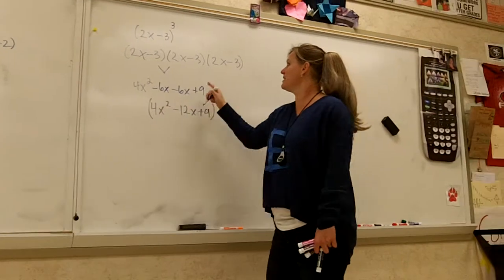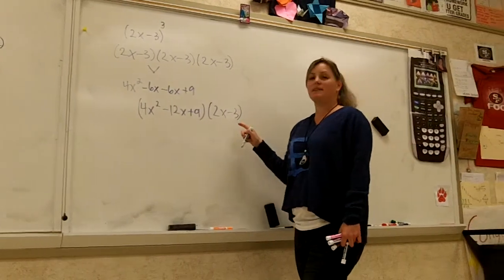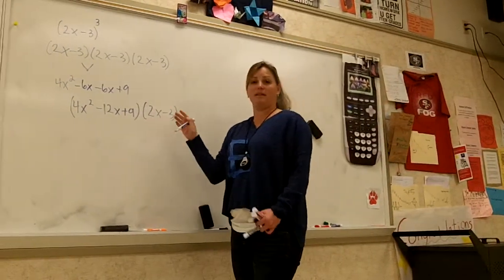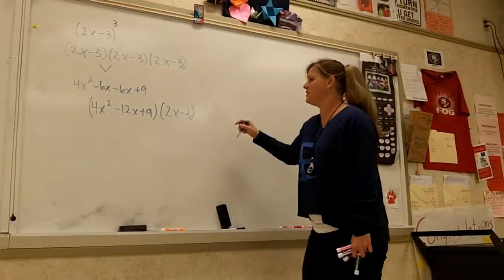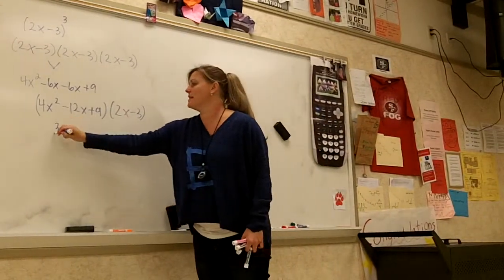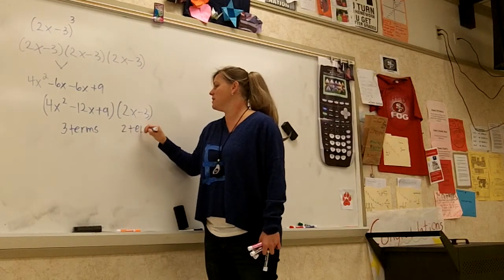And that whole thing still I need to multiply by this, 2x minus 3. Now this is where things start to get a little bit hard to organize on your paper. So what I suggest that you do is this one has 3 terms, and this one has 2 terms.